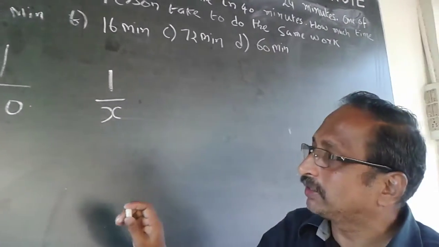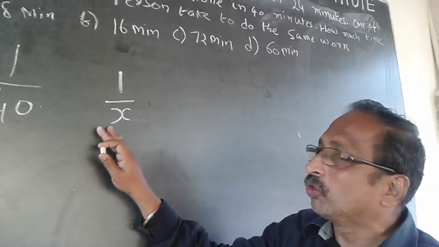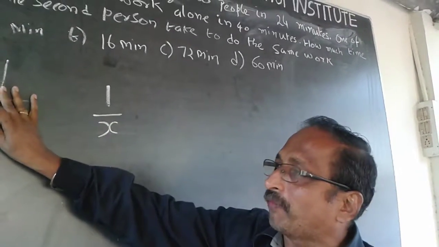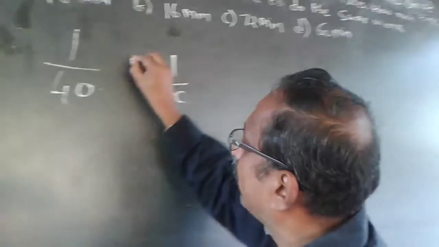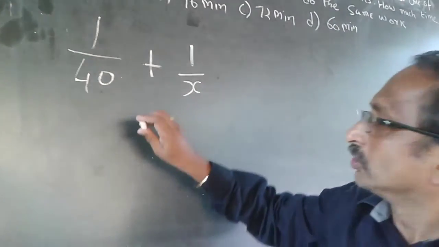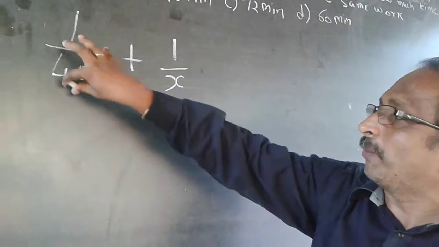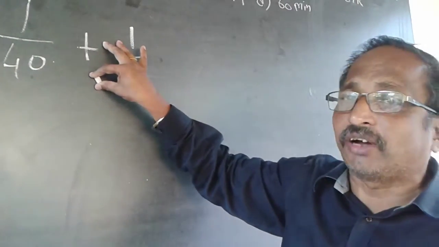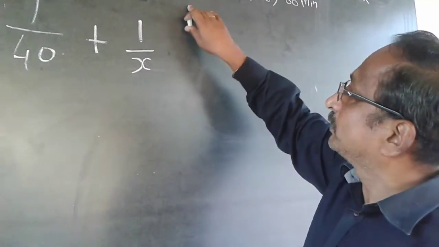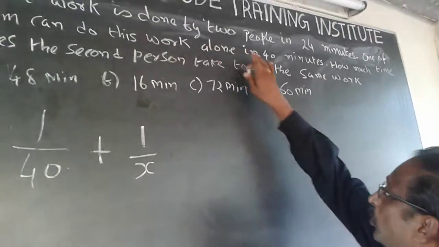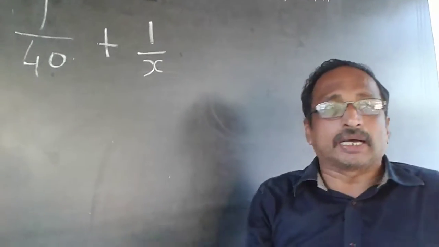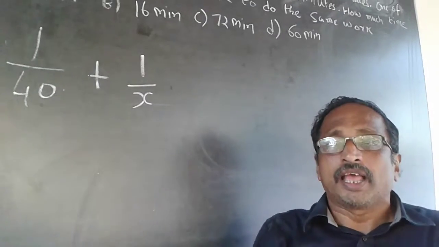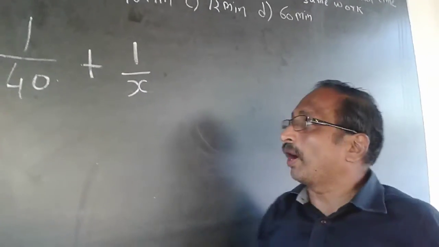Now both of them combined, in 1 minute, this fellow will do 1/40, and the other person will do 1/x. So both of them put together will be doing 1/40 plus 1/x in 1 minute. Now what is given is that the work is done by two people in 24 minutes, so in 1 minute they will do 1/24.